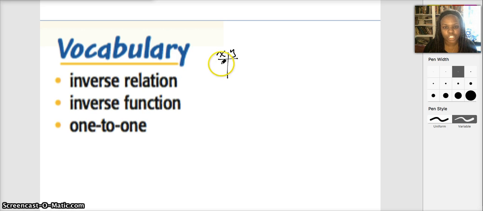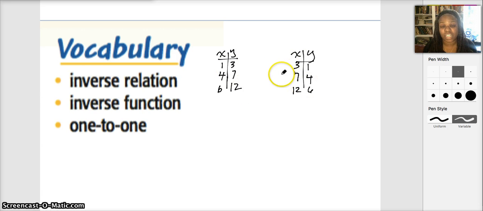I could talk about a relation as 1 is to 3, 4 is to 7, and 6 is to 12, let's say. And then the inverse relation would be switching those. Well, when x is 3, y is 1. When x is 7, y is 4. And when x is 12, y is 6. This would demonstrate an inverse relation, literally flipping the x and y.